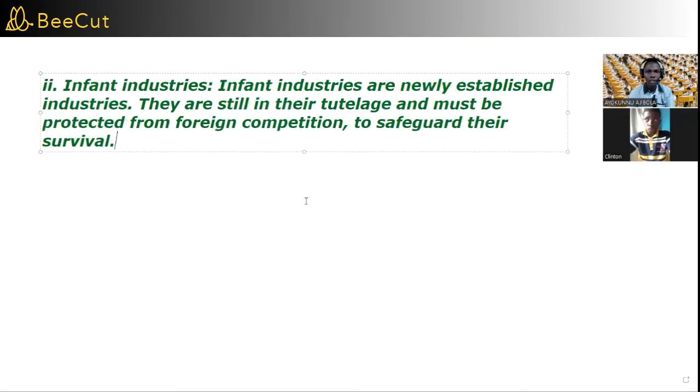They are still in their tutelage and must be protected from foreign competition to safeguard their survival. So the first terminology we looked at is free trade, while the second one is infant industry. There is another terminology we have to look at, which is called devaluation.